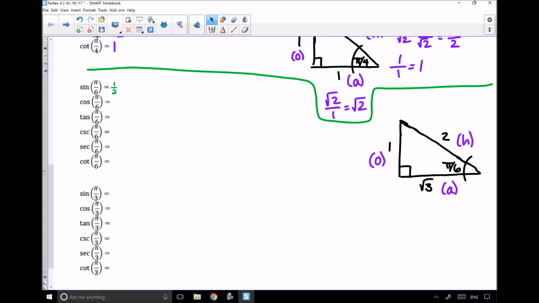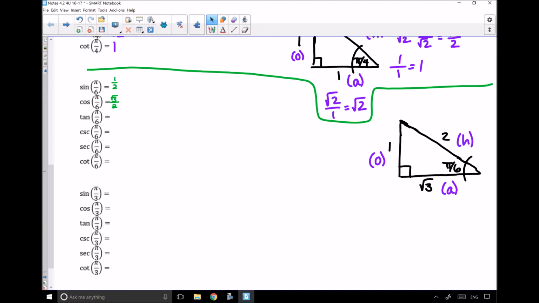Now let's do our cosine. Remember, cosine is adjacent over hypotenuse. So the adjacent is the square root of 3. The hypotenuse is 2. So I'm going to say that this is root 3 over 2. Okay? So once I've done that, I'm all set with my cosine. Next, I need to figure out what my tangent is going to be. So here's where things get a little bit trickier, so you want to be really careful.